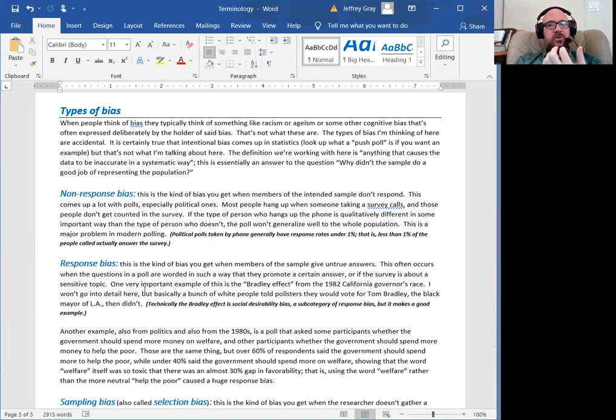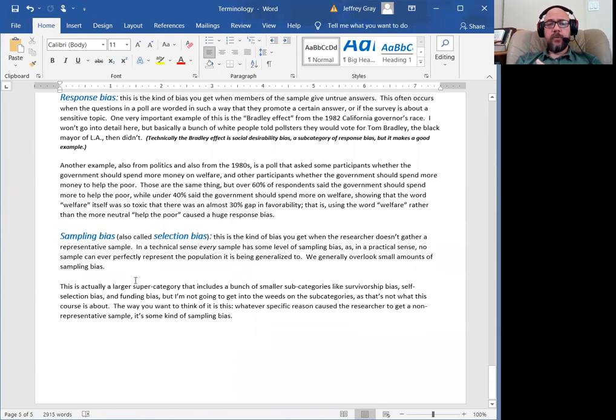People don't always know, and they're not always willing to say what their preferences actually are. So the most common kinds of response bias show up when the question is really sensitive, or when it's really polarizing or divisive. But response bias is when the answers that you get aren't true from the people that you're surveying.